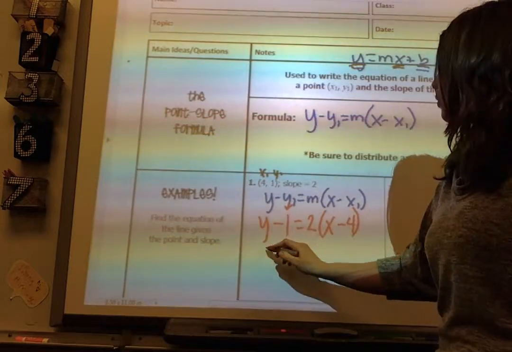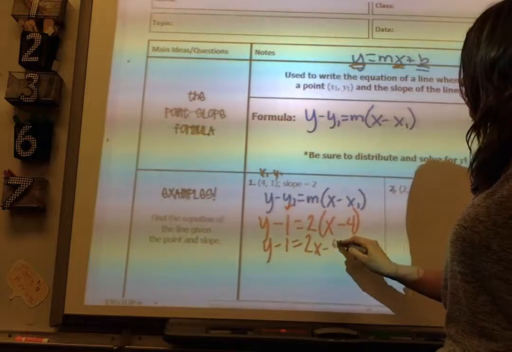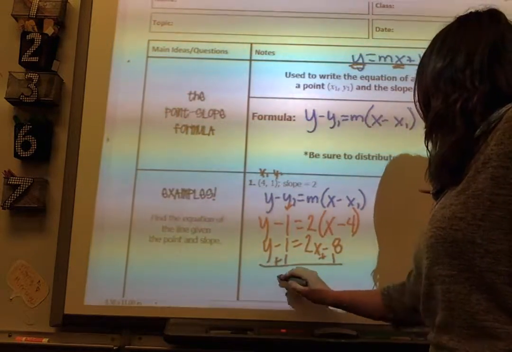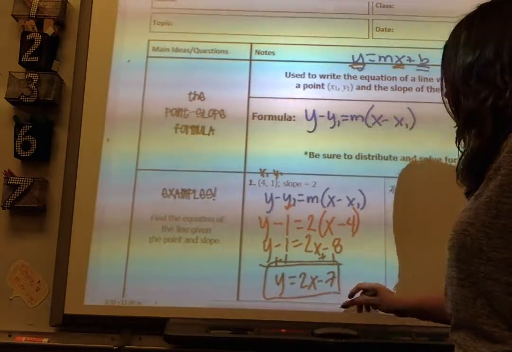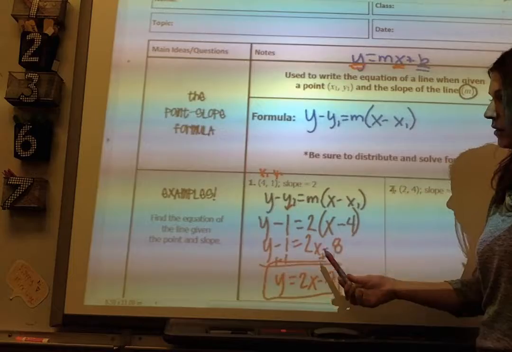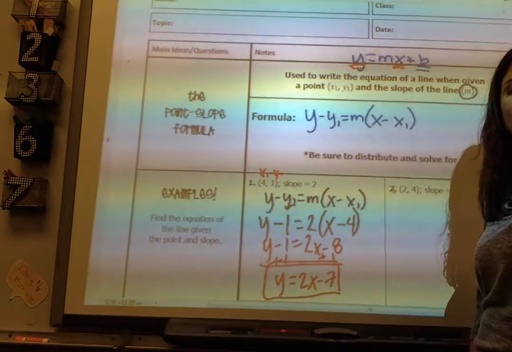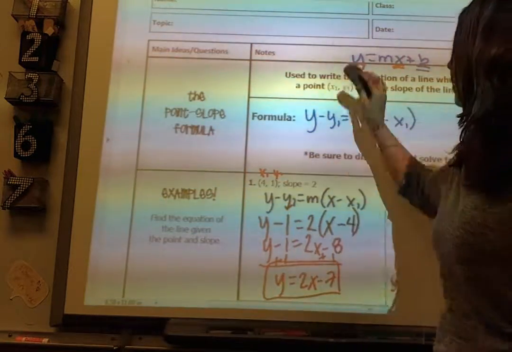So I'm going to keep y minus 1. I'm going to distribute my 2, and I get 2x minus 8. And then to get y by itself, I add 1, and I'm left with y equals 2x minus 7. So now I have found the point slope form. My slope is 2, and that beginning point is -7. Okay? All right, let's try another one.